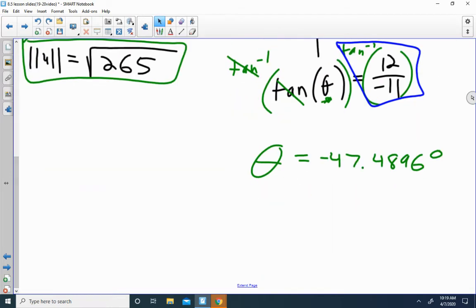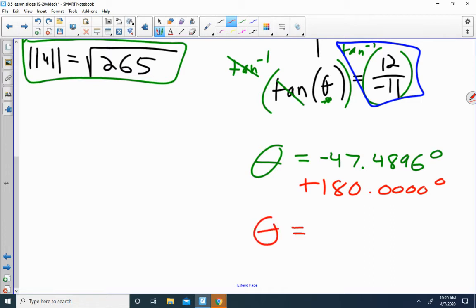So in other words, you technically have the answer, just the reflected version of the angle. To find the angle we're actually looking for, you're going to have to add 180 degrees. And that will give you the actual angle that's in quadrant 2, not in quadrant 4. So let's go ahead and do that. We'll do 180 plus that angle.